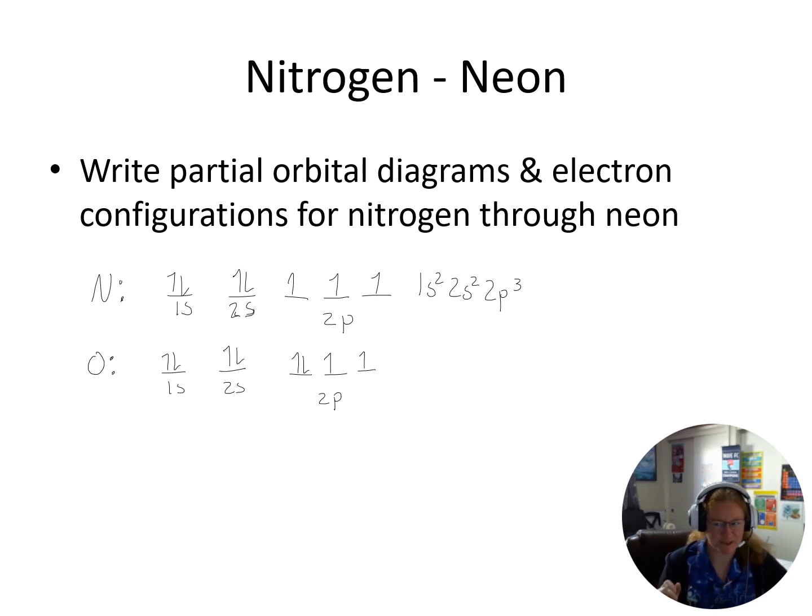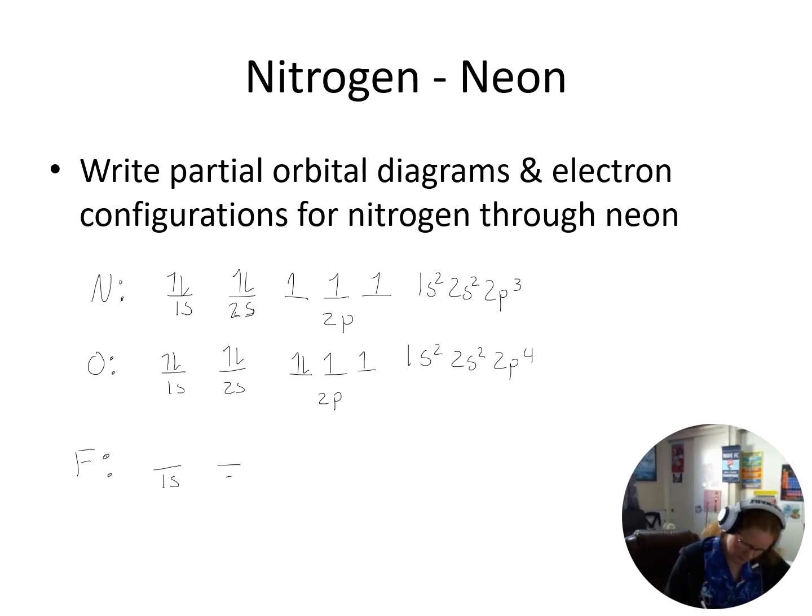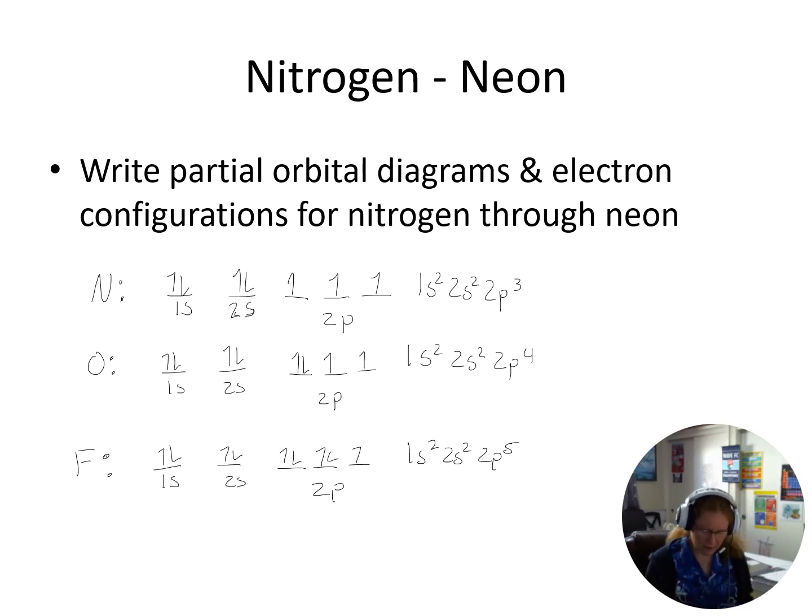So again, single electrons in each, and then we go back and pair up. Okay, and we'll get 1s2, 2s2, 2p4. Next up is fluorine. We'll get 1s2, 2s2, 2p5. Now, in these period 2 elements, what do you notice they all have in common?